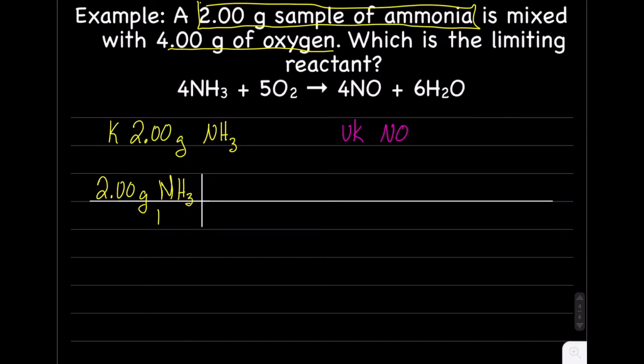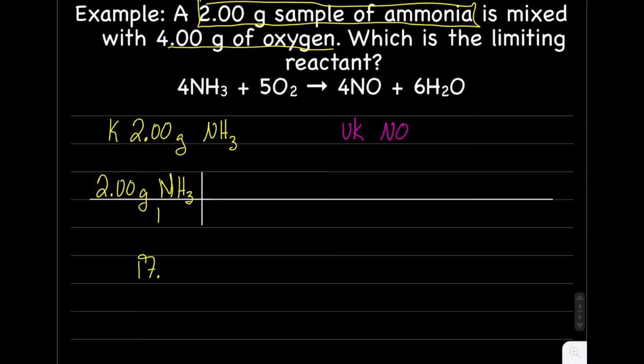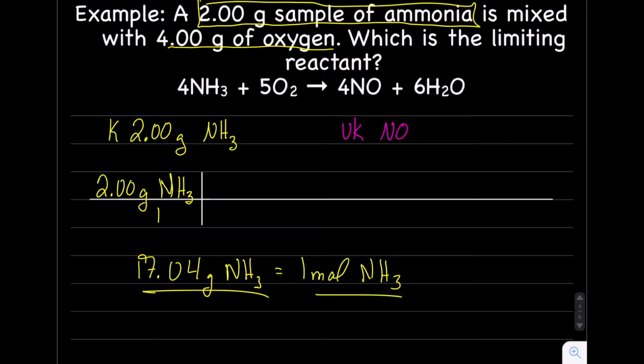So we end up with 17.04 grams of ammonia equals 1 mole of ammonia, or molar mass of known equals 1 mole of the known.